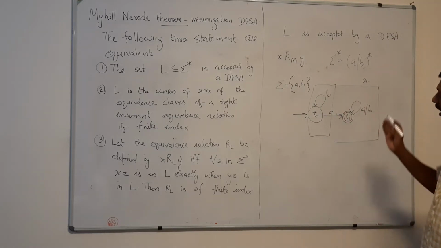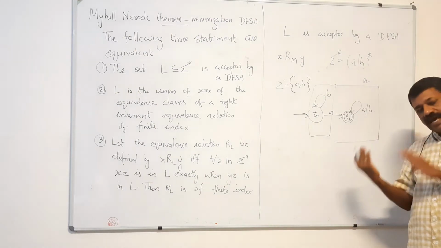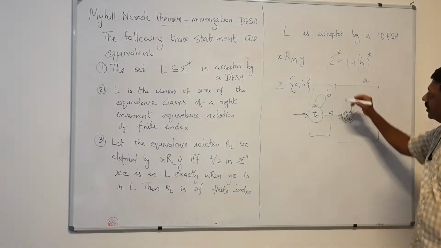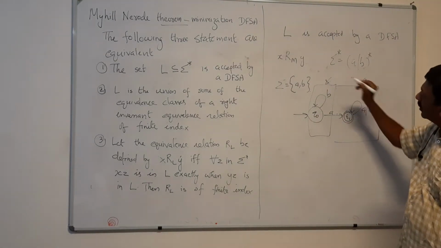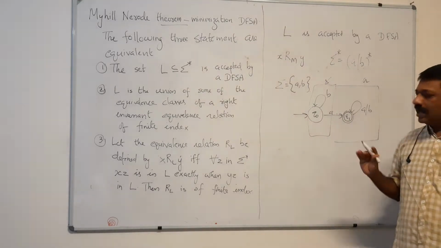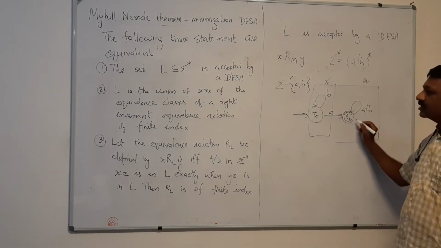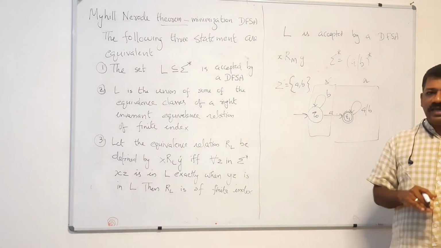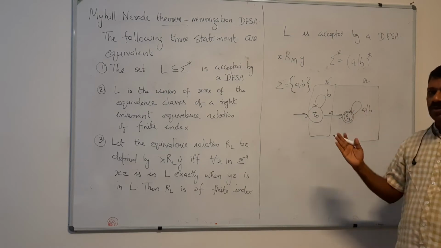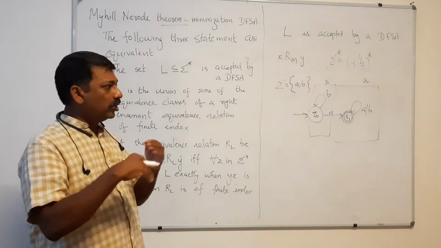So either a string has at least a single a, or it has no a's. That means you have partitioned your entire input into two.